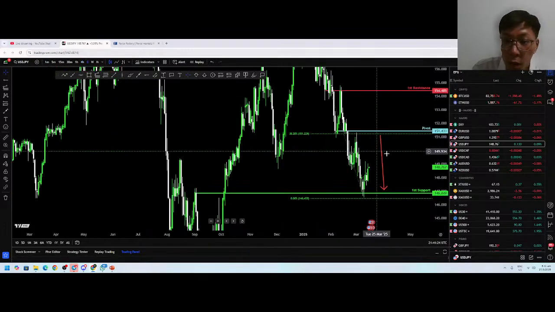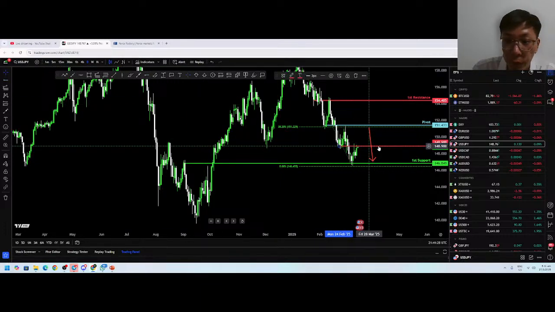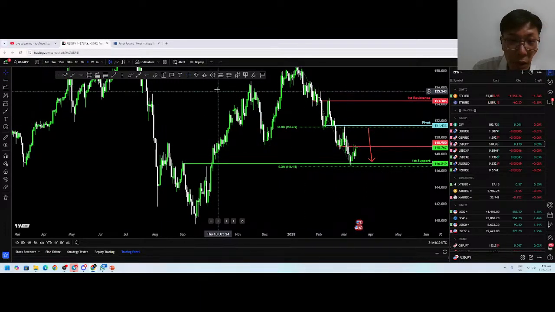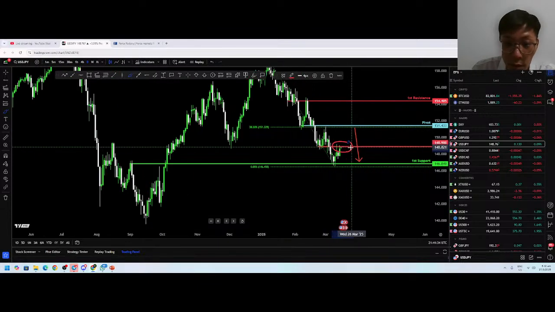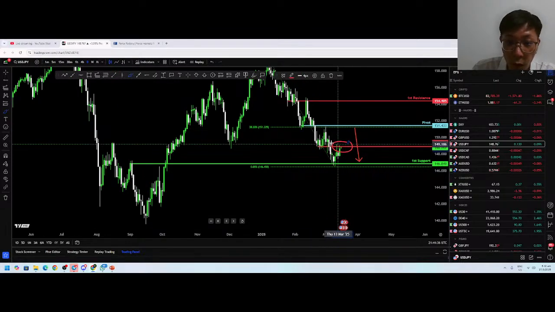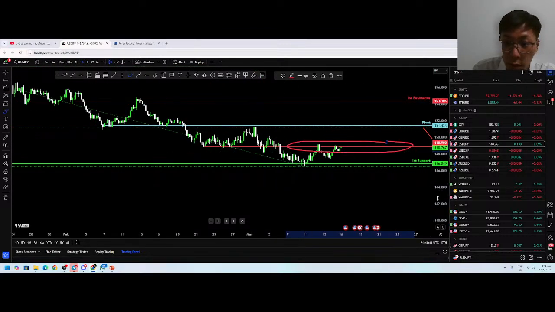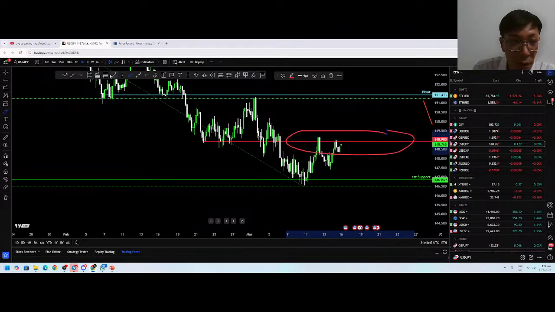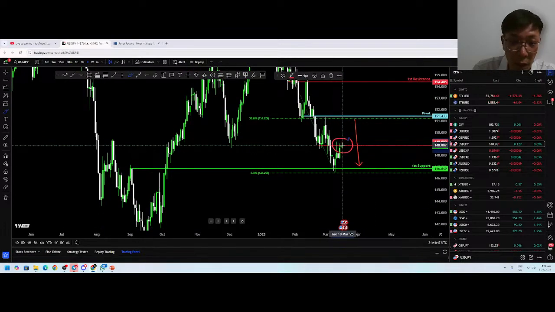Yeah, there is one level right here where if price takes out this overlap resistance level, H4 is a little bit messy, but on the daily time frame you can see that this level is an overlap resistance level, a minor one.